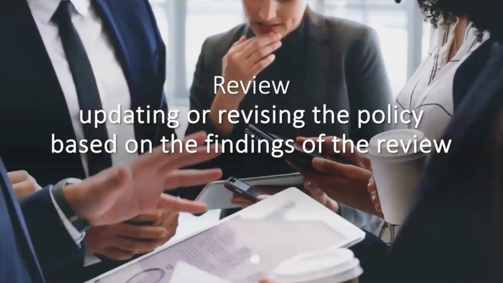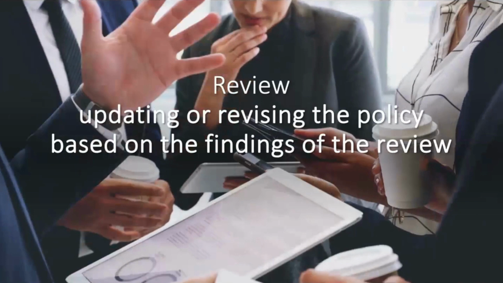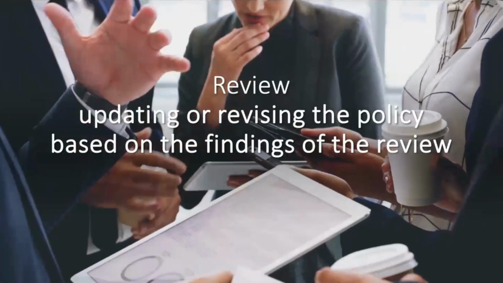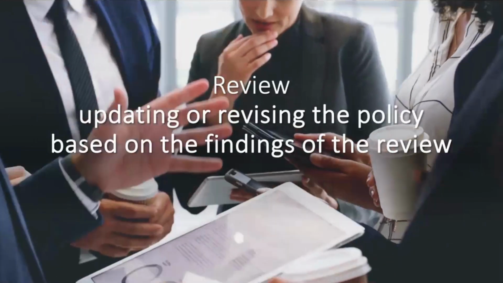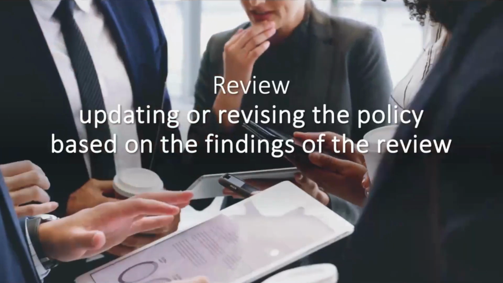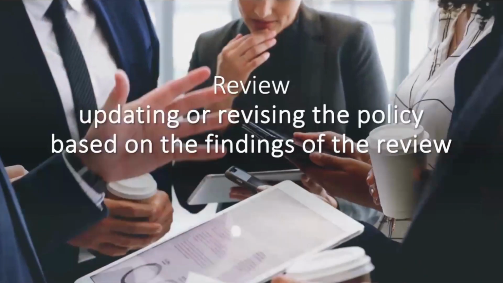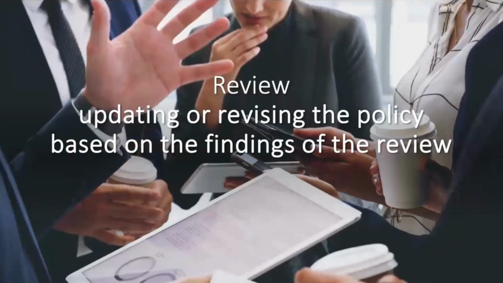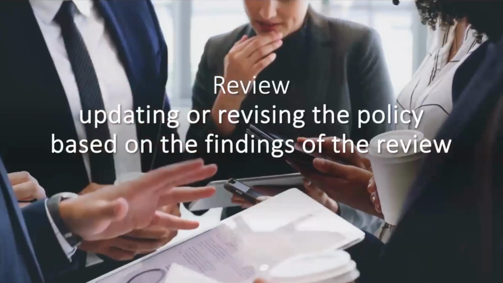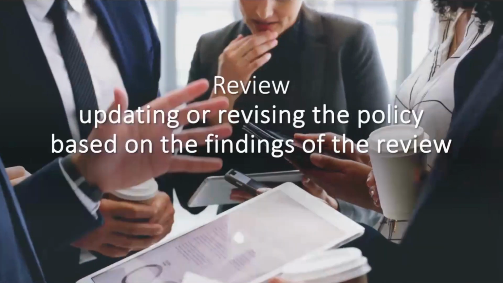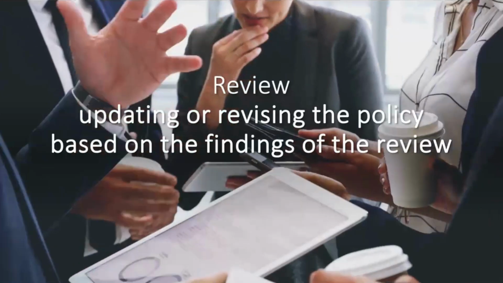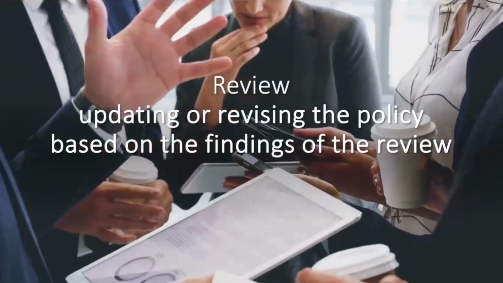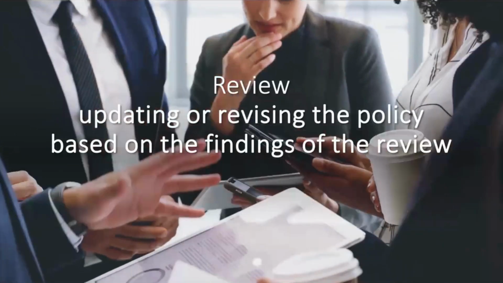This might involve making changes to the general arrangements or specific arrangements, as well as updating the roles and responsibilities section of the policy. The review process is an important part of ensuring that the health and safety policy remains effective and relevant, and that the organization can create a safe and healthy workplace for its employees.